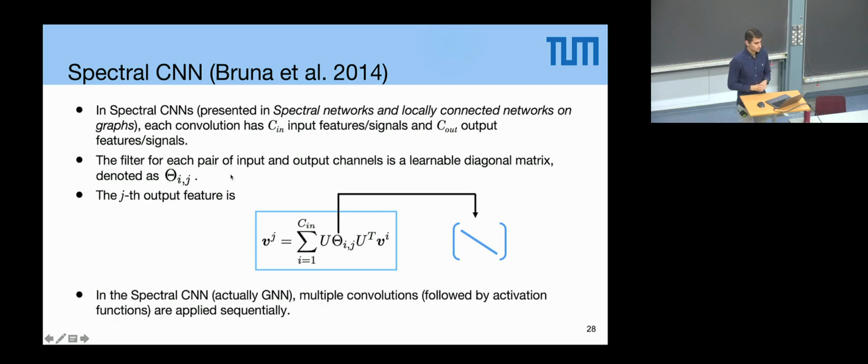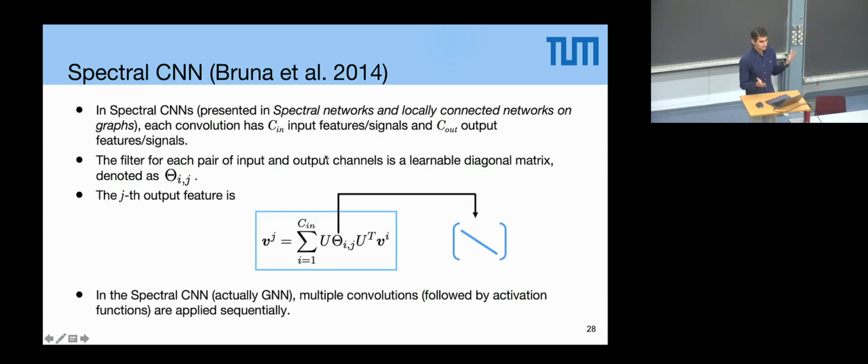This idea taken from graph signal processing can be used directly to create a graph neural network. That was done in the spectral CNNs proposed by Bruna and collaborators.